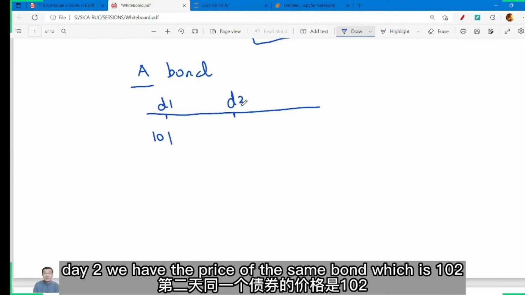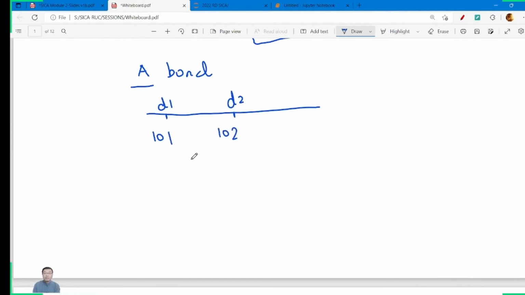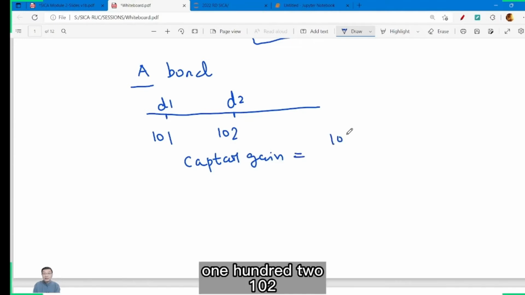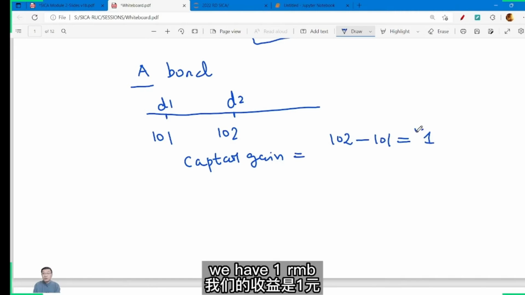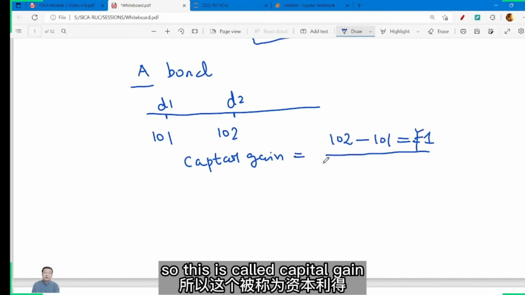On day two, the price of the same bond is 102. The capital gain here is 102 minus 101, which is 1 RMB. This is called capital gain.